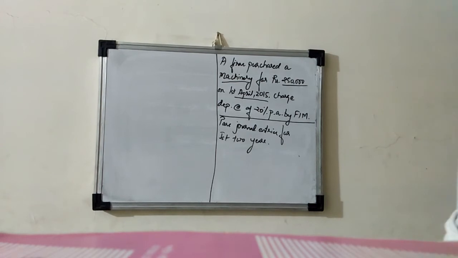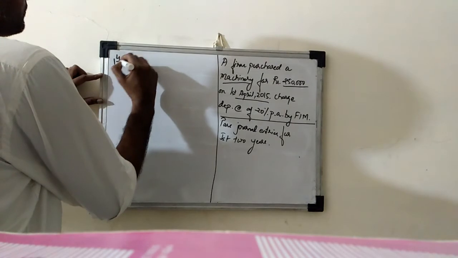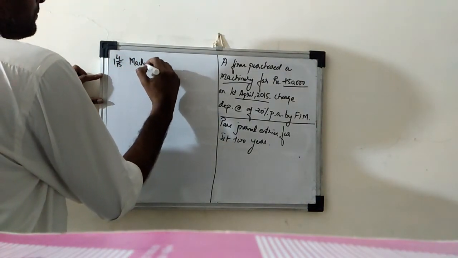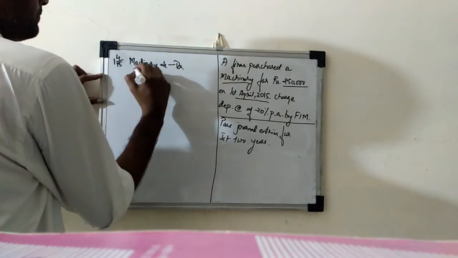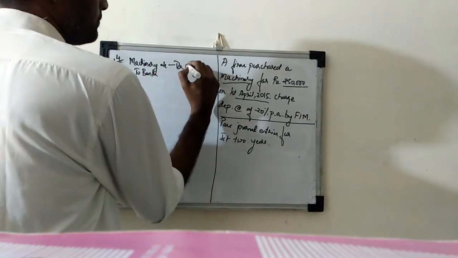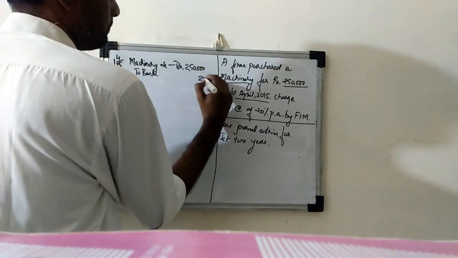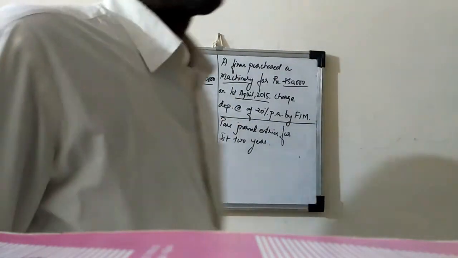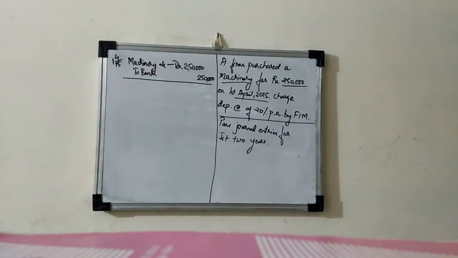So our first entry will be machinery account debited to bank account.